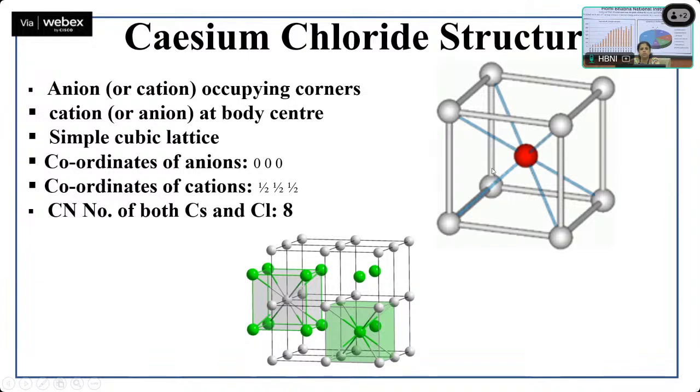And how? It is easier to visualize for the central atom, that is the cation. It has 8 corners. It is also easy to visualize for any corner atom. Choose this one. So you have one here, then one in the cube at the back, one in the cube on that side, one in the cube at this side, and similarly 4 on the top. So each cation is surrounded by 8 anions, and each anion is surrounded by 8 cations.